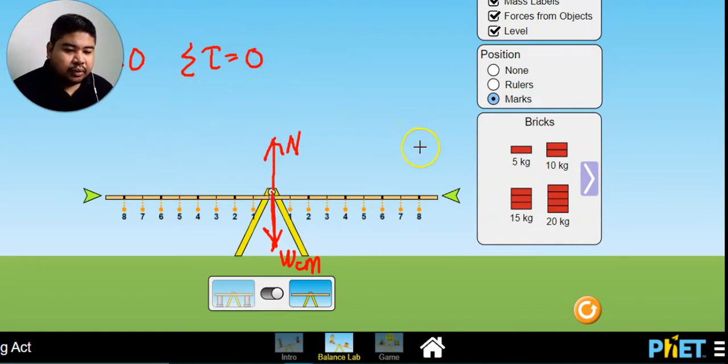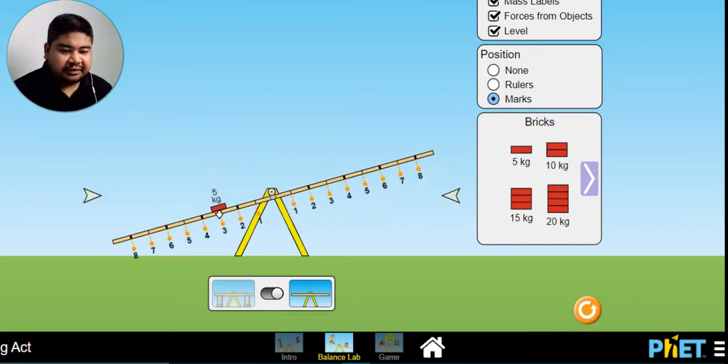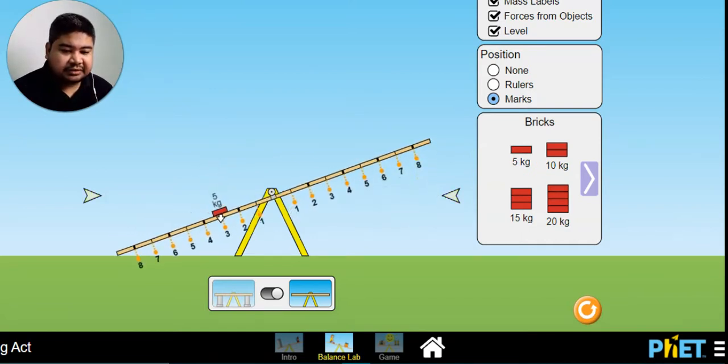Okay, now we are going to add a mass of 5 kg onto the beam. If I bring the 5 kg and put it on the 3 meter mark, as you can see, the 5 kg turns the beam in the anti-clockwise direction.